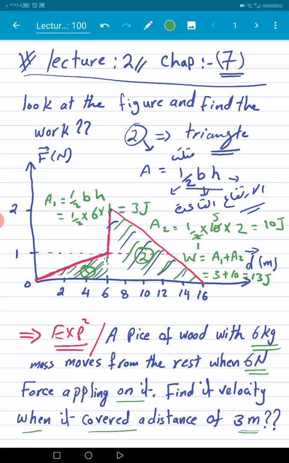In this question I have a mass m equal to 6 kilogram, from rest, when a 6 Newton force, so F is equal to 6 Newton, is applied on it. Find the velocity, so I need V. When it covered, there is another value given here, that means h is equal to 3 meters.